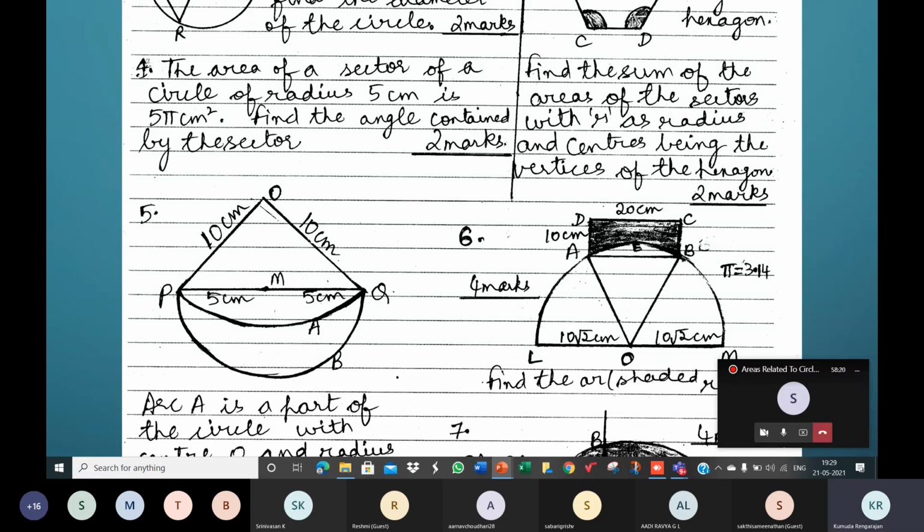Area of sector is something unknown, is equal to theta, which is unknown, by 360, a constant, into pi, a constant, r square, the radius. So the three unknowns are area of the sector, theta, and radius. Of these three, we know two of them. Given any two, you can find the third one.